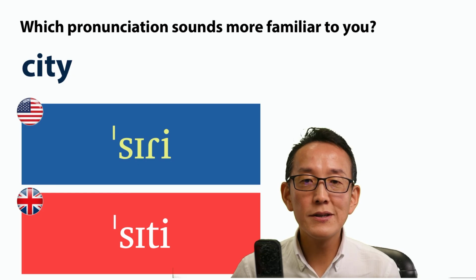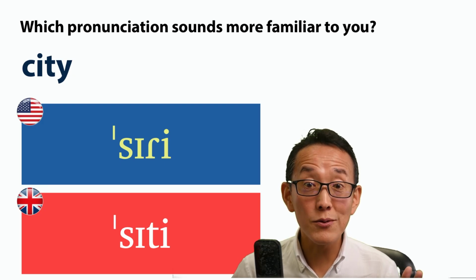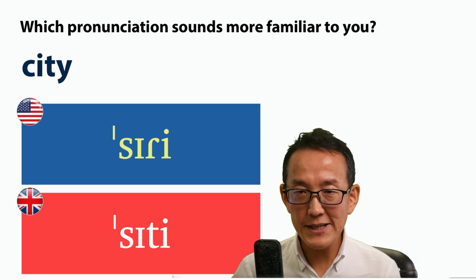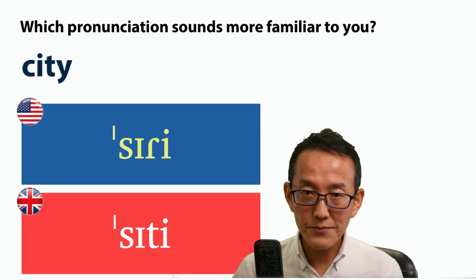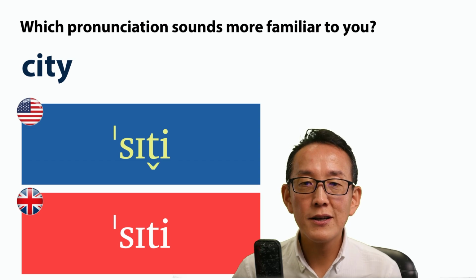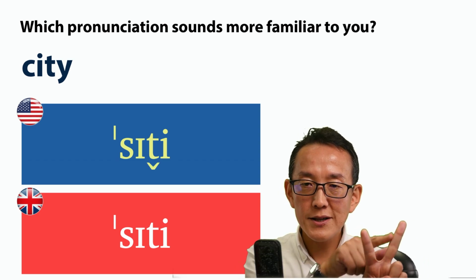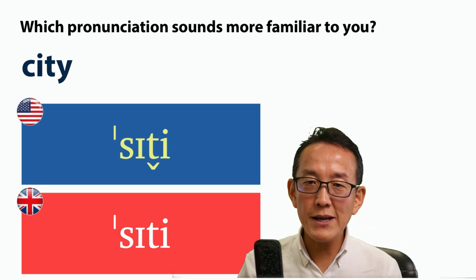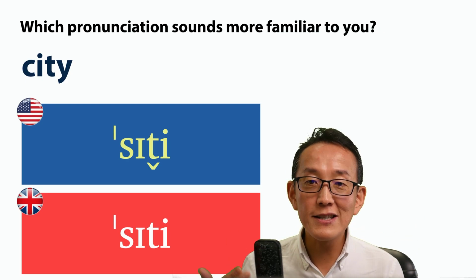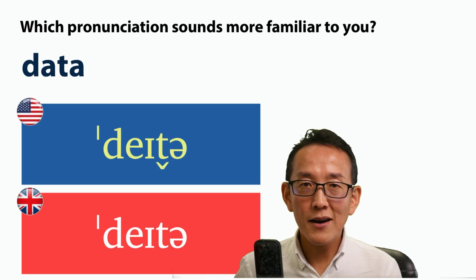Another example. Oh, by the way, some people use a different symbol for this type of T for American English. But we're not going into details. Okay, we use just a voicing mark. So if you see a V shape under T, that means T sounds a little like D. All right.